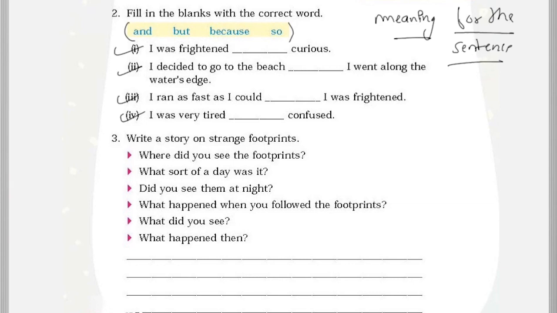I was frightened but curious. I decided to go to the beach, so I went along the water's edge. I ran as fast as I could because I was frightened and I was very tired and confused. So all the 4 words are used in the 4 sentences.